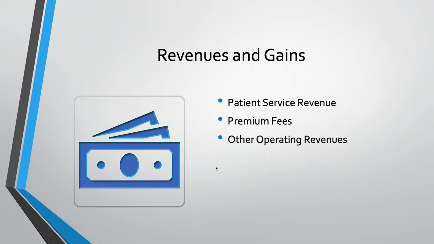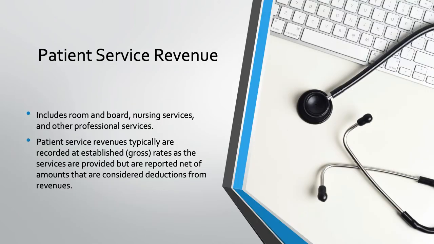So again, it depends on the agreement, but these are the categories for revenues and gains: patient service revenue, premium fees, and other operating revenues.